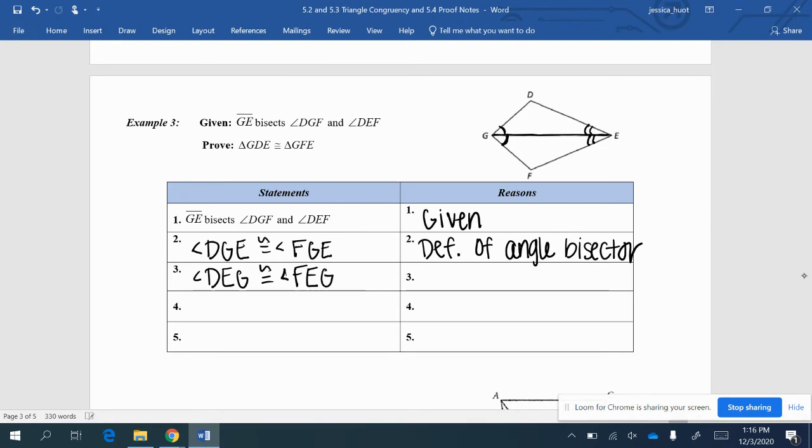Again, you have to use 3 letters because at E and at G, there are 2 different angles. So if I say angle G, you do not know what angle I am talking about. That's why we are using 3 letters. And that is, again, the definition of angle bisector.